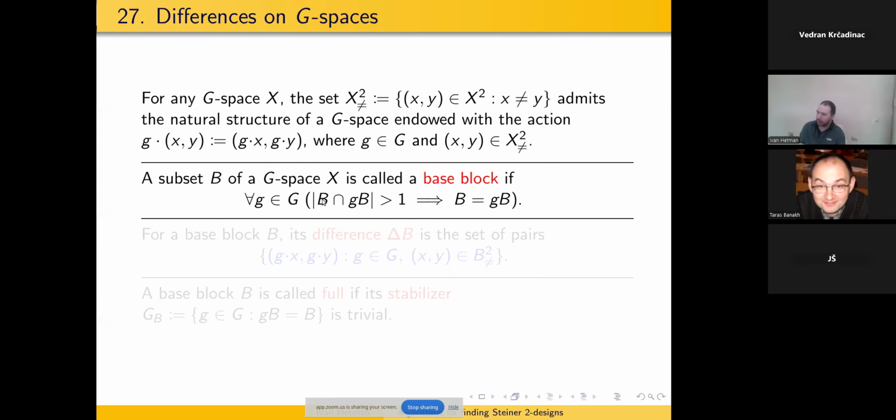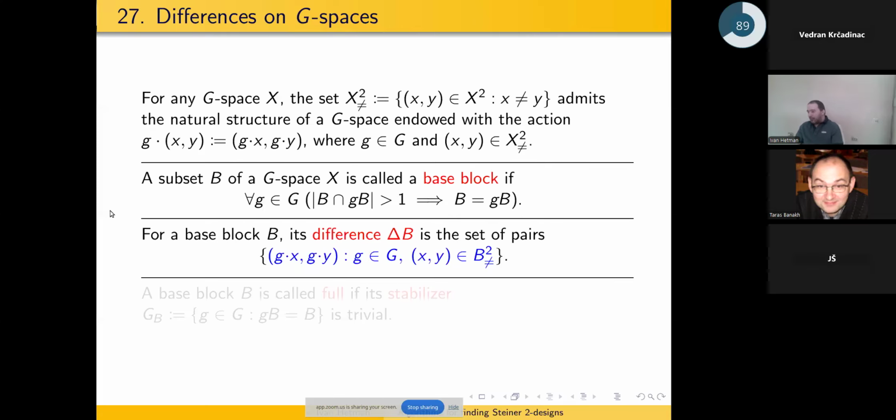When we act on this block B with an element g, if it intersects its shift in more than one point, this means that this shift should coincide with the base block B. So this is actually the same definition, only G replaced by X. In the future, I marked the differences between the first part of my talk and the second in blue, but I forgot to mark this X in blue, but it is the only difference: here should be X inside instead of G.